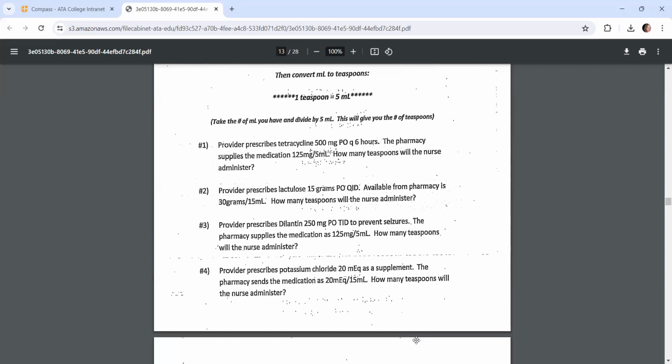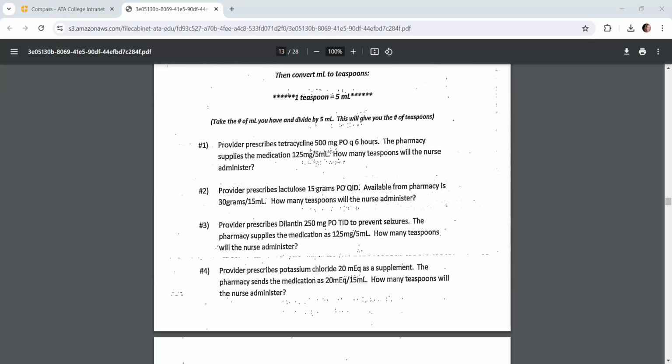So remember, D over H times Q formula is simply taking that order dose and converting it to whatever unit is in the quantity. So 500 divided by 125 gives me 4, times 5 gives me 20 milliliters. So it's taking what's been ordered and converting it to how the medication comes. So it converts it to milliliters, not teaspoons.